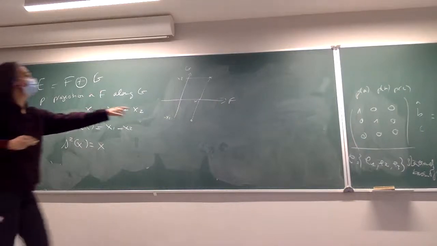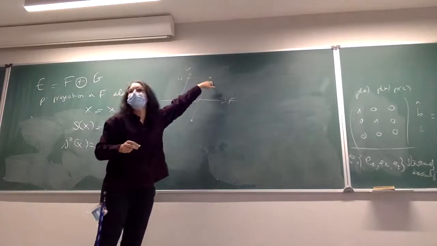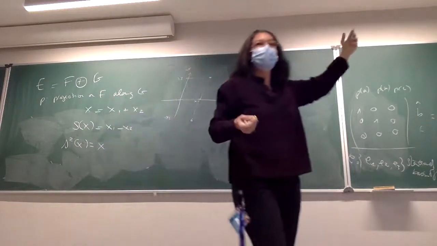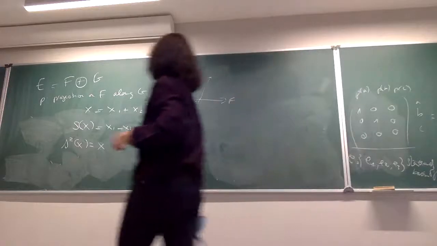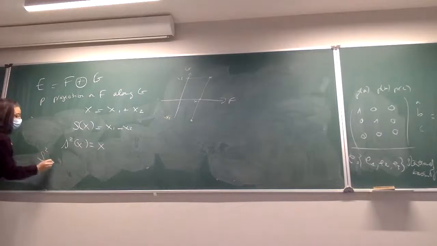If I take the symmetric with respect to that line in that direction of that point, I'm going back to where I was. So in terms of matrix, if I've got my matrix S representing my symmetry, it means that S squared is equal to the identity.